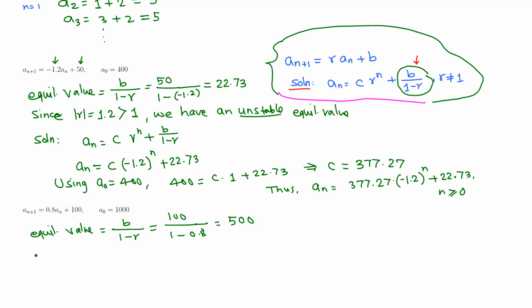And note that this r is already positive, so the absolute value is also just positive. This is less than 1, that means we get a stable equilibrium.